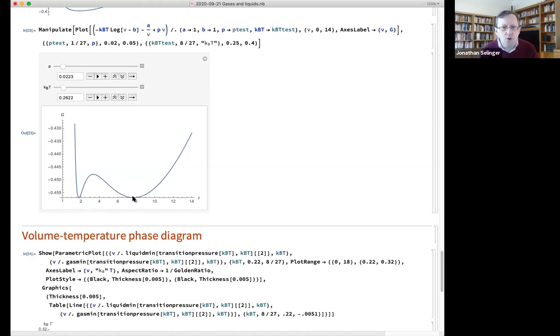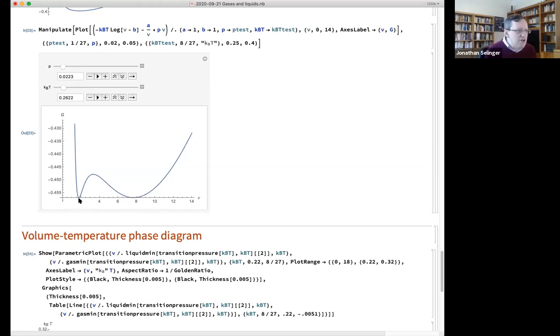So this temperature, 0.2622, and this pressure, 0.0223, is on the phase boundary. This is right on the boundary between liquid and gas.